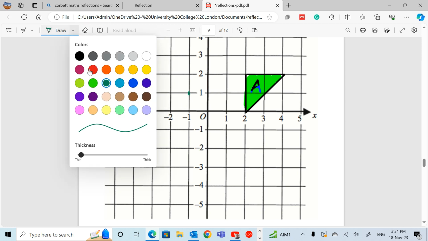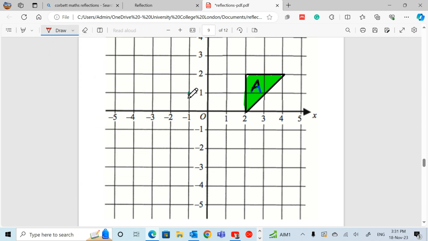We should use a different color pen. Okay, again, let's keep our mirror line in red. When x is minus 2, y is 2. And when x is minus 3, y is 3. And that's enough points, and of course it goes to the origin.